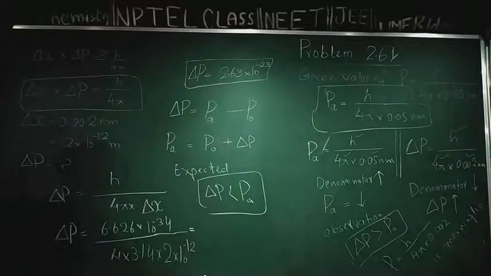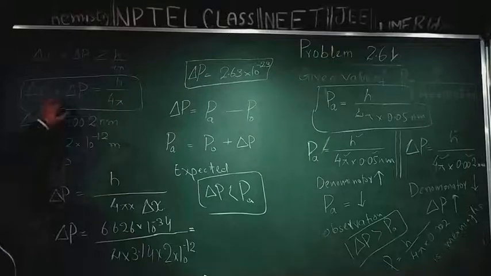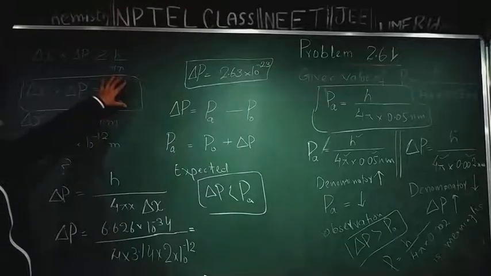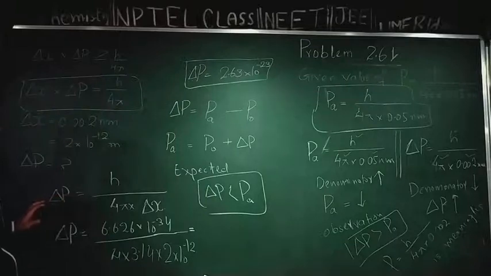Let me recall the problem. The problem had two parts. In the first part, uncertainty in position was given. We had to calculate uncertainty in momentum. I used, for practical purposes, as I said, that the product of uncertainties is constant, and the value of the constant is taken equal to the minimum value, which is its defined value, h by 4 pi.